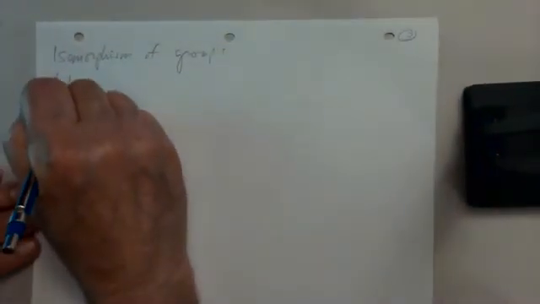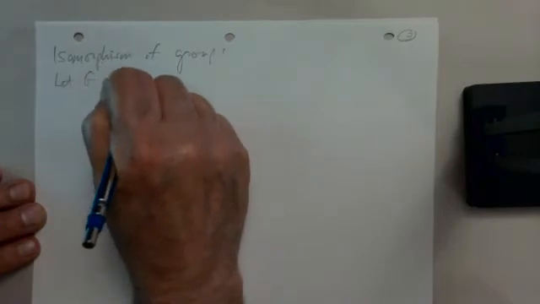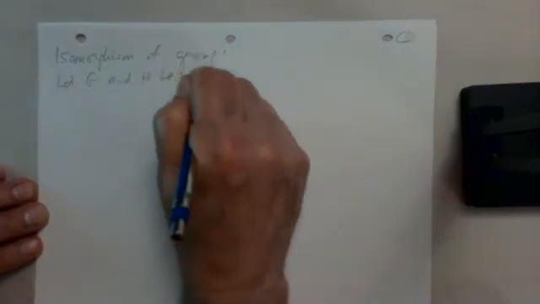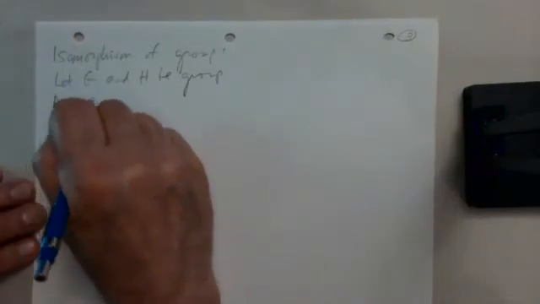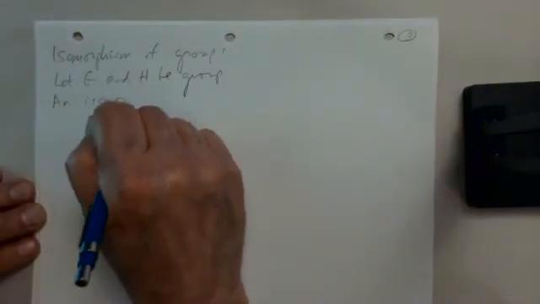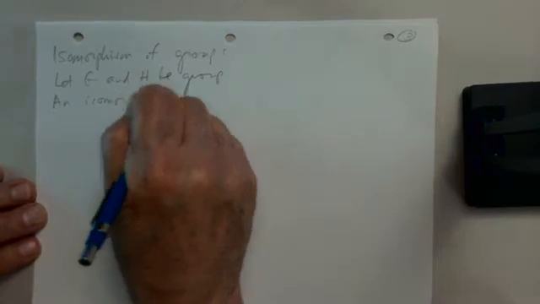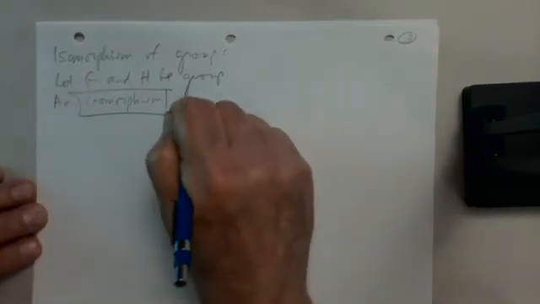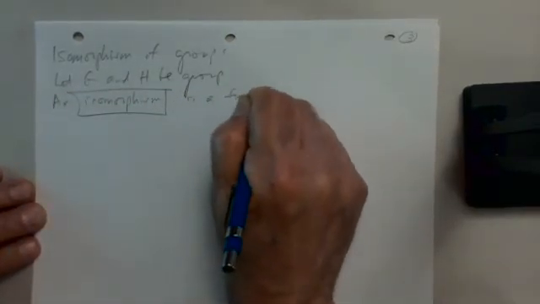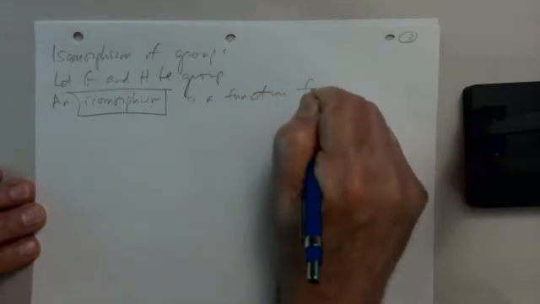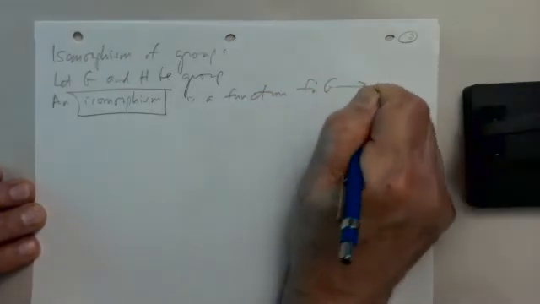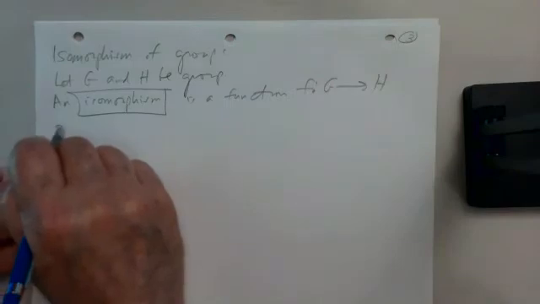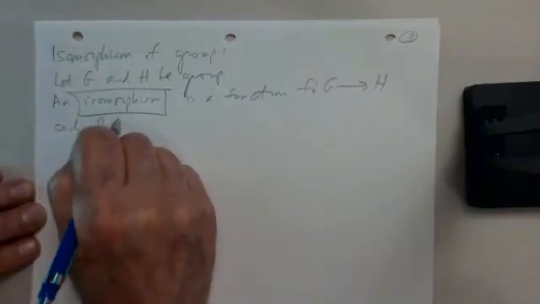So let G and H be groups, and an isomorphism, this is a definition, is a function f from G to H that has two properties.